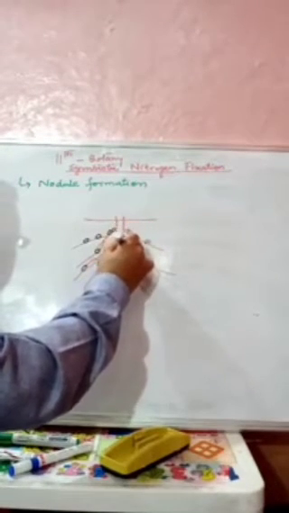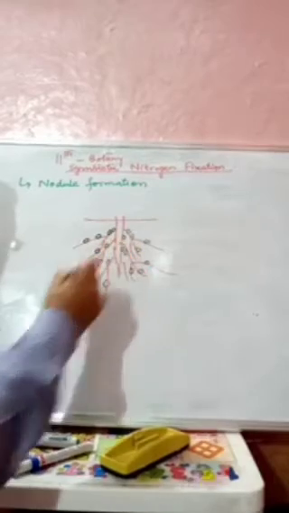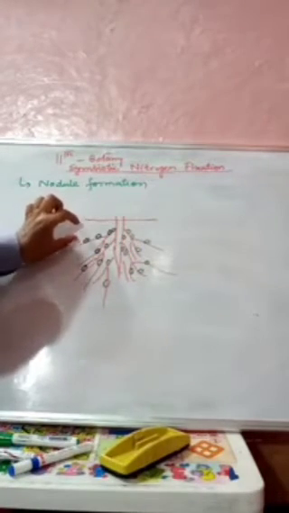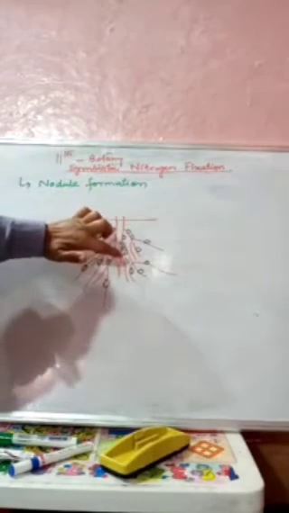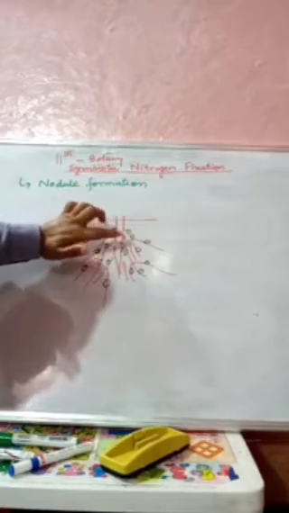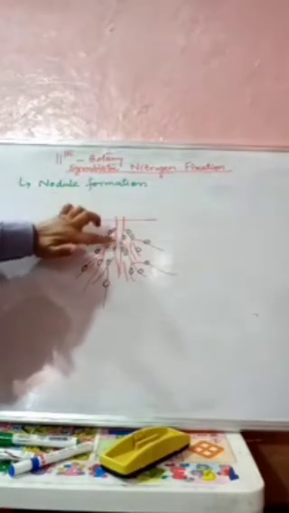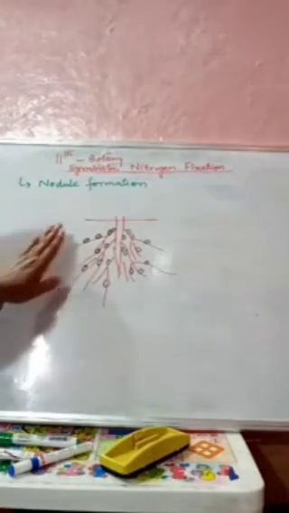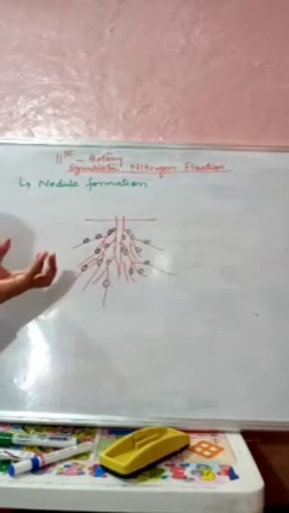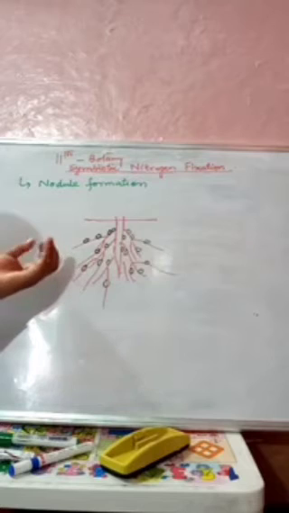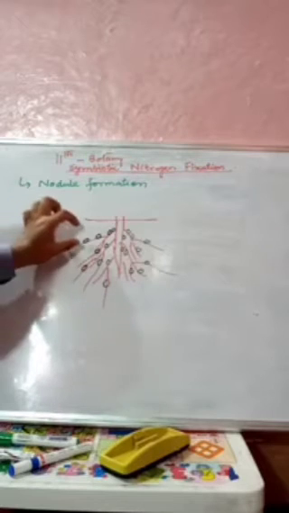Sometimes on the primary root too, and on the secondary and tertiary roots, they bear small nodule-like swellings. They seem like blisters to us, but actually they are not blisters, they are nodules.